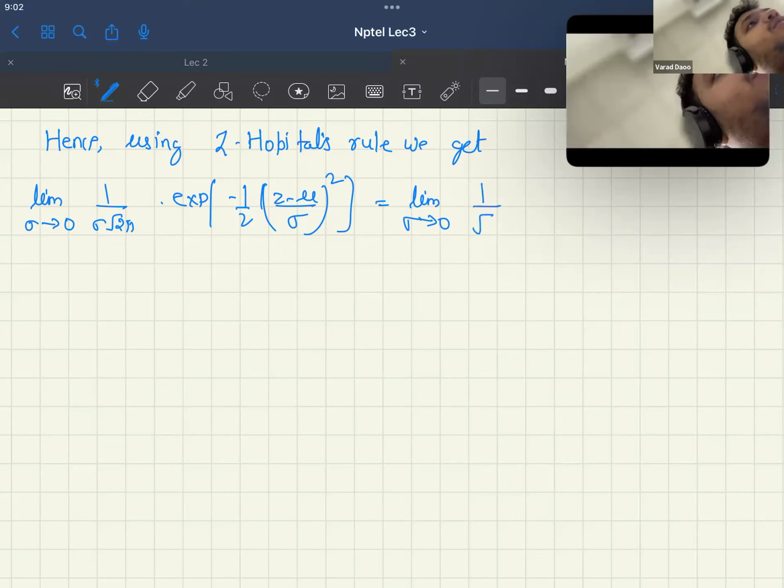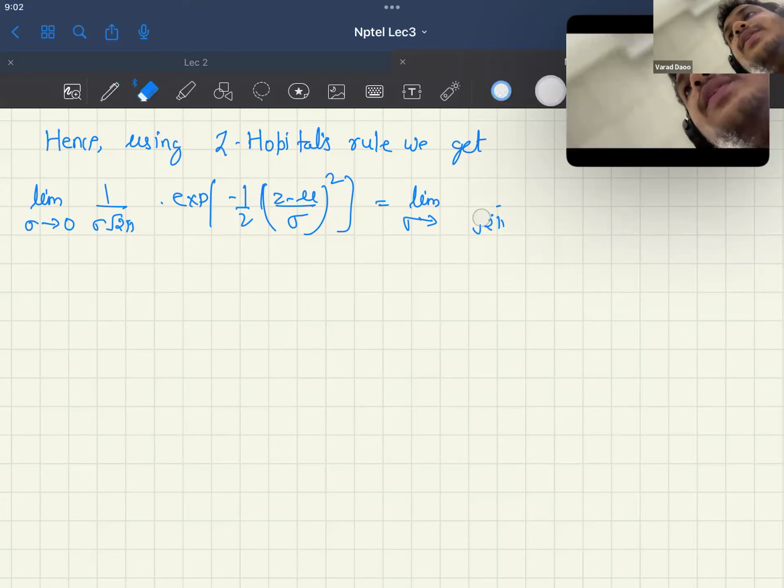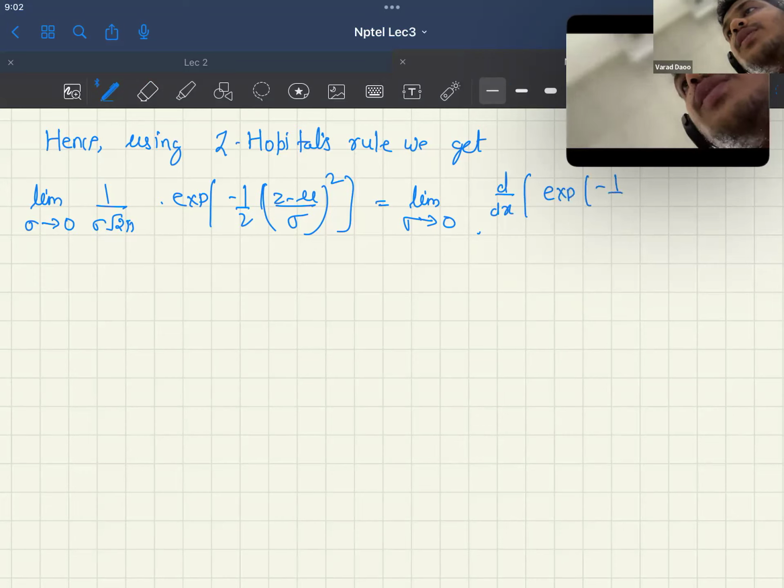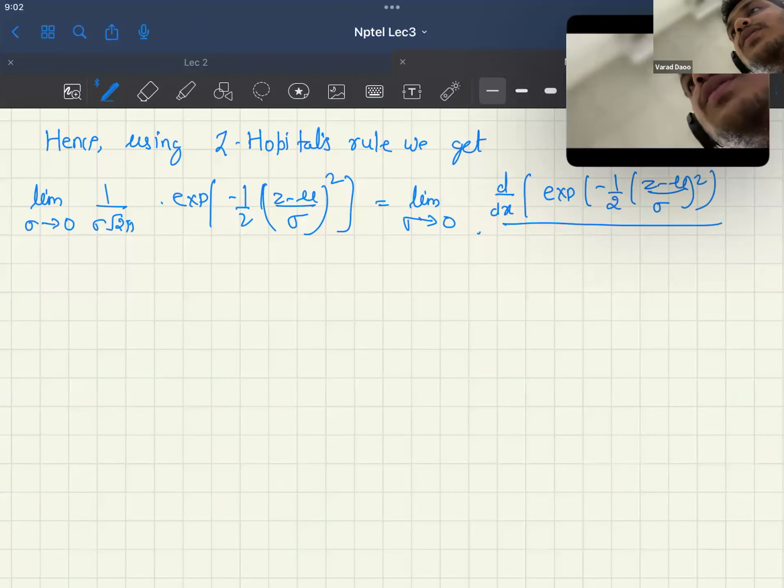1 by 2 pi, or basically the derivative, d by dx of exponential of minus 1 by 2 (z minus mu by sigma) square divided by d by dx of sigma root 2 pi. Oh, sorry, this should not be d by dx, it should be d by d sigma.